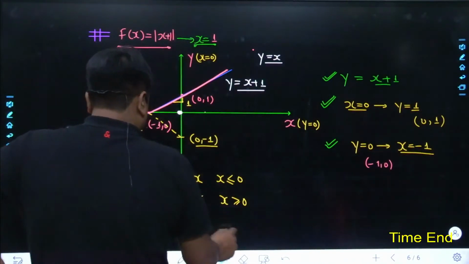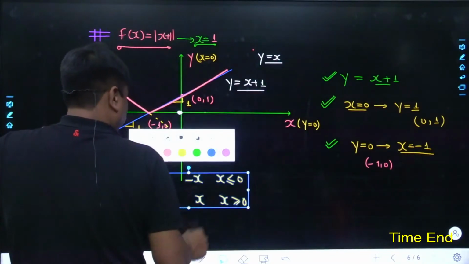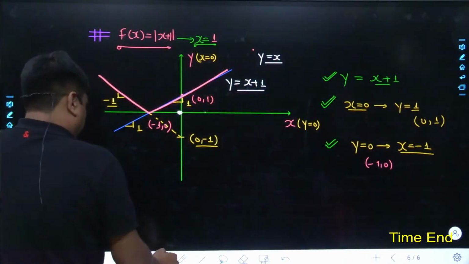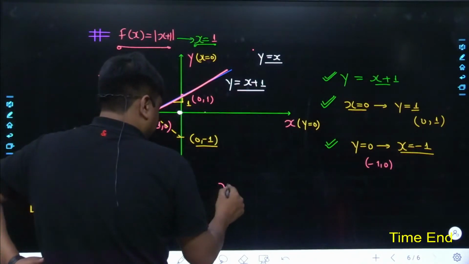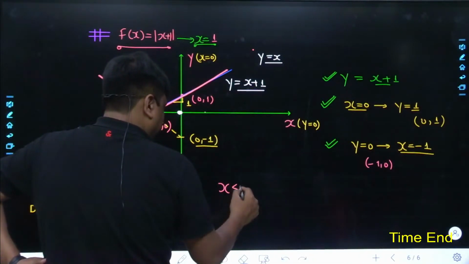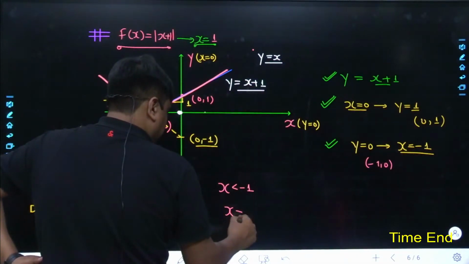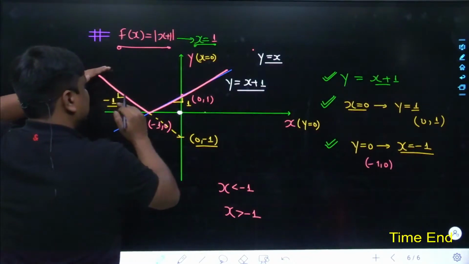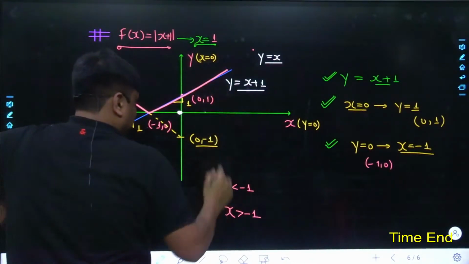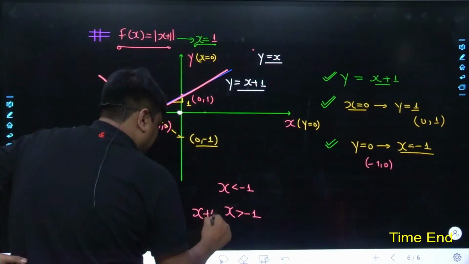First of all, the point of change is x equals minus 1. After x equals minus 1, the curve just overlaps x plus 1 only.